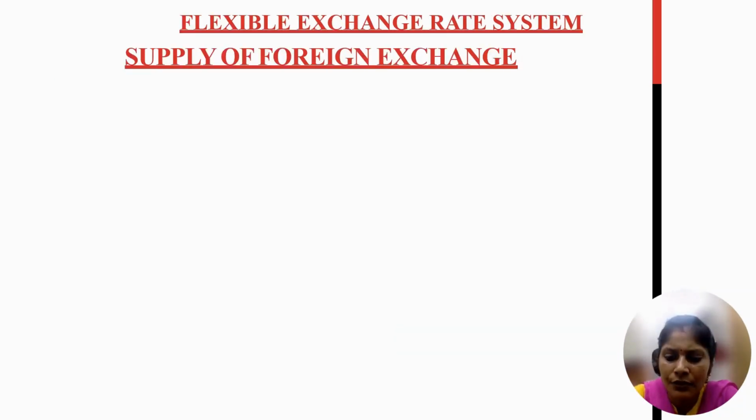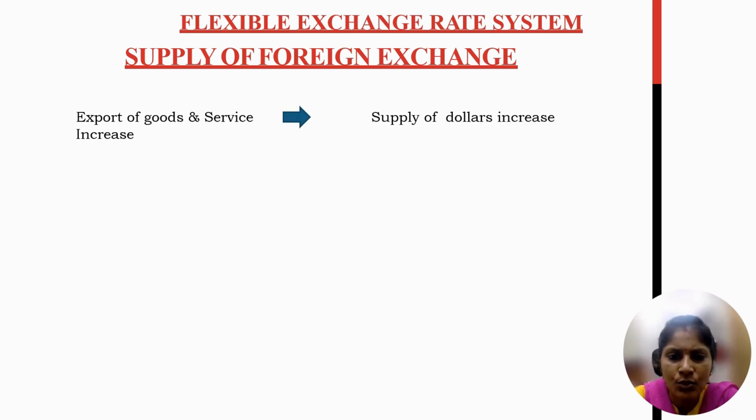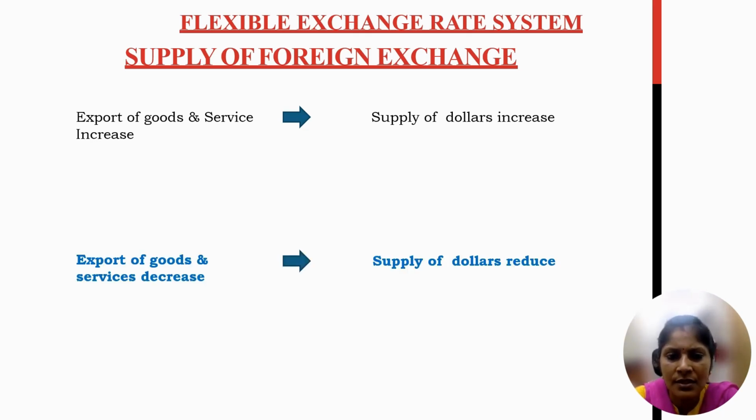The effect of exports on the supply of dollars will be explained in this slide. Whenever there is an increase in the export of goods and services, it will lead to an increase in the supply of dollars. And whenever there is a decrease in exports of goods and services, the supply of dollars will reduce.